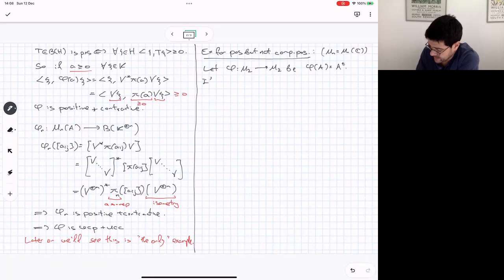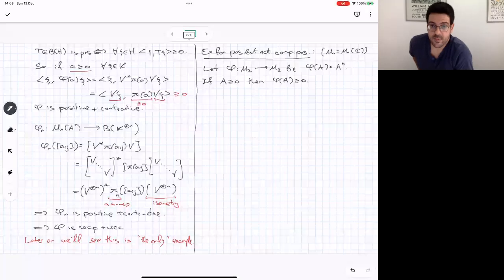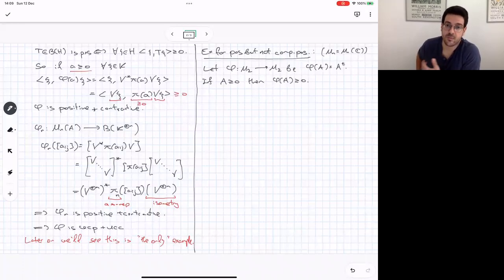If A is positive, then A transpose is positive. You can think about what it means to be positive: it means to be self-adjoint, and the spectrum, in this case the eigenvalues, positive. The same will go with the transpose. So phi is positive.